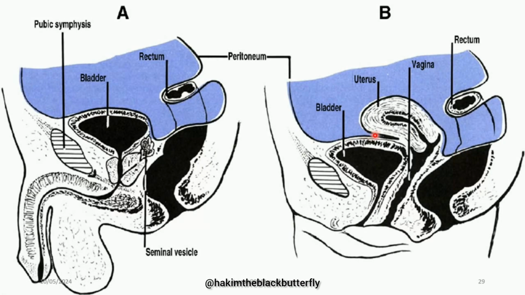Then in front here there is a small pouch. Yes, now who can name this? What's the name of this? Yes, it is called the uterovesical pouch or anterior cul-de-sac.